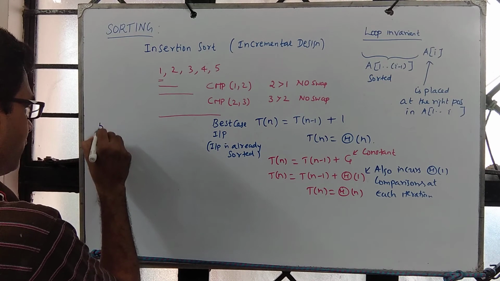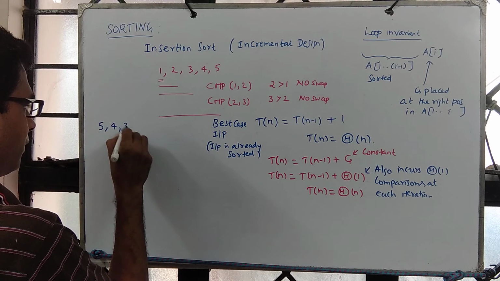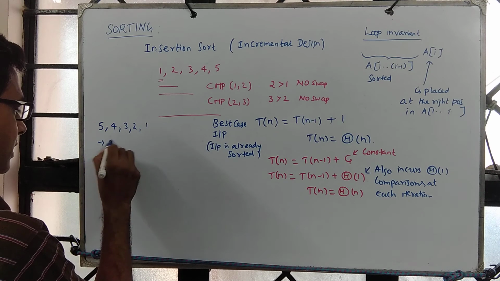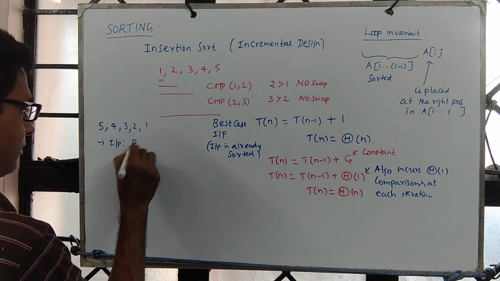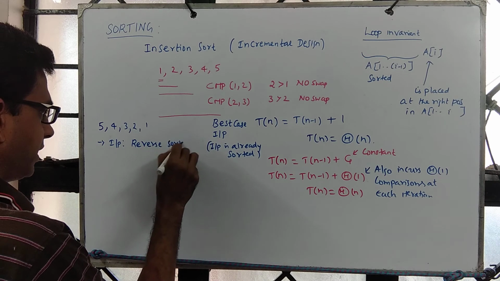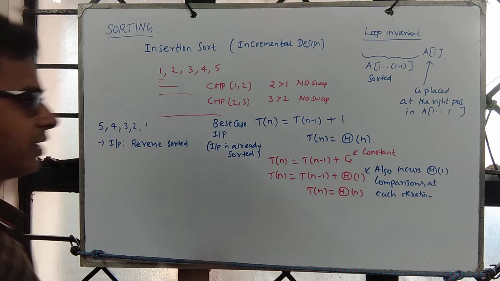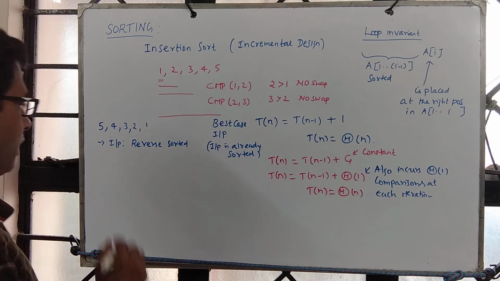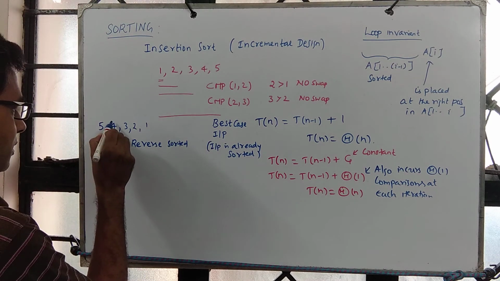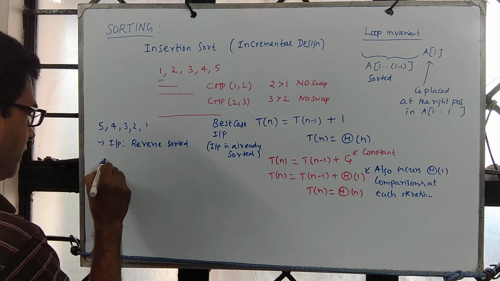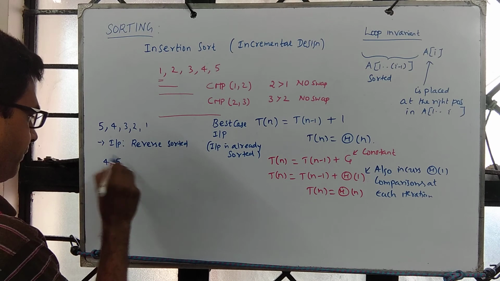Let's look at this input, say 5, 4, 3, 2, 1. So the input is reverse sorted, and the objective is to sort them in non-decreasing order. Now if you look at 5 and 4, it becomes 4, 5.